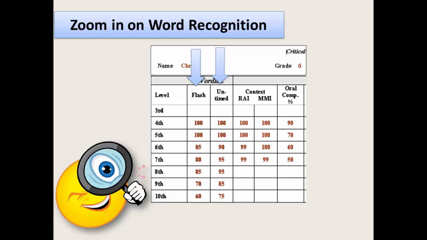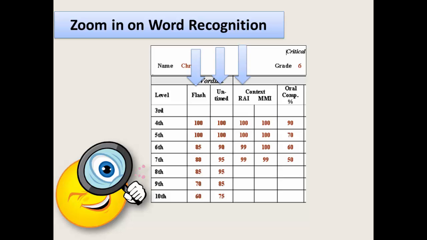What about the untimed information about word analysis? So we have obviously our hundreds here. But notice at the 6th grade we have an improvement. 7th grade we have an improvement, and 8th grade. So again, there seems to be inconsistency, but clearly some signs of pretty good word analysis skills.